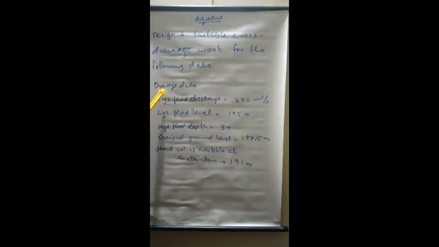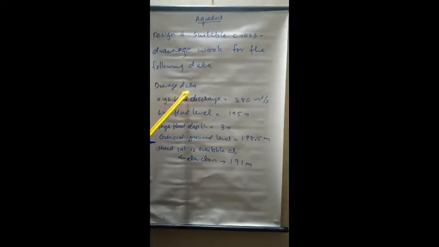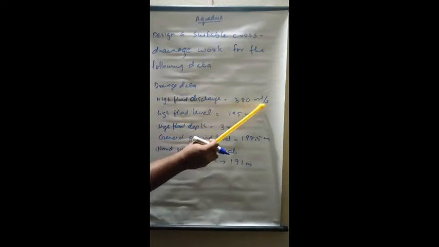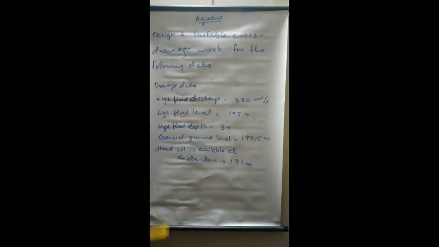Now let's see what are the data given about the drainage or the river. The high flood discharge is given as 380 meter cube per second. High flood level equal to 195 meter. High flood depth is equal to 3 meter.